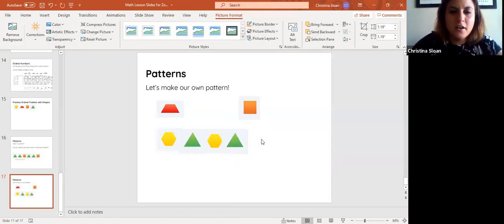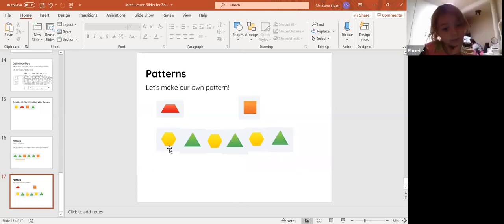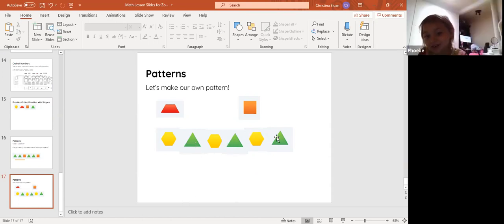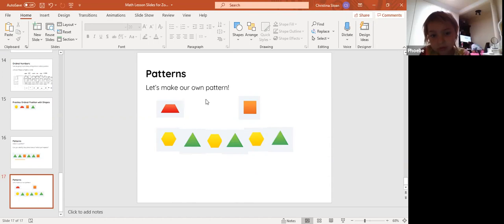And can you tell me, hold on, one more. What's the pattern? So this is a hexagon and a triangle. Hexagon, triangle, hexagon, triangle, hexagon, triangle. What's the part that repeats over and over? What's the chunk that repeats?